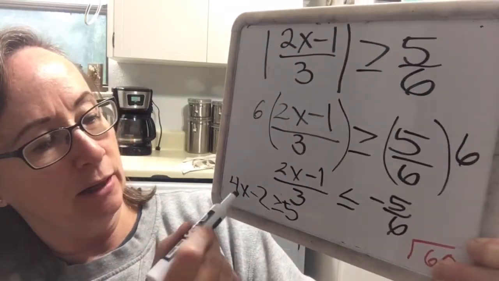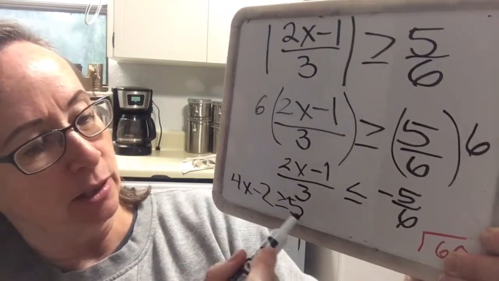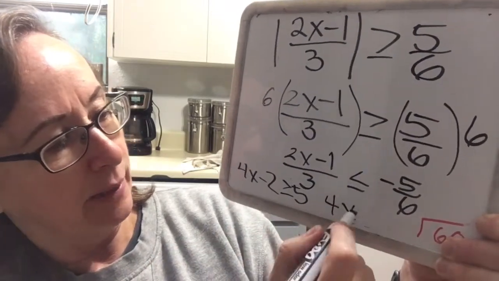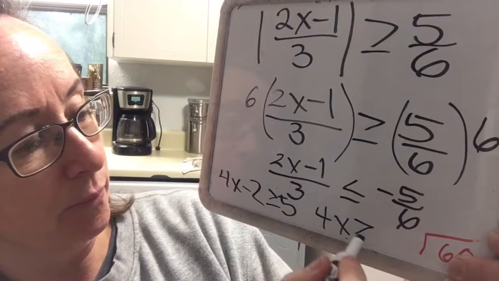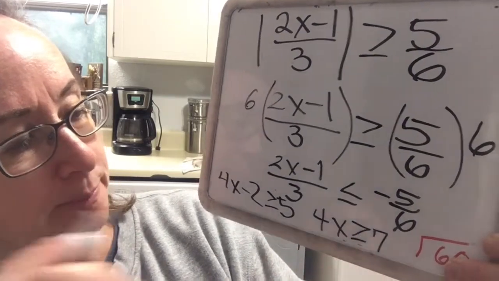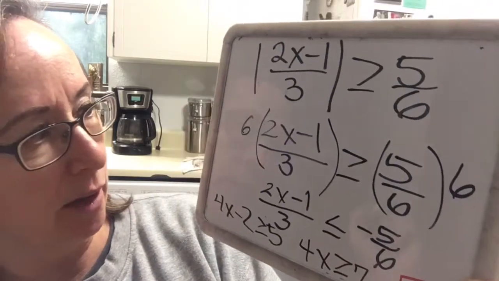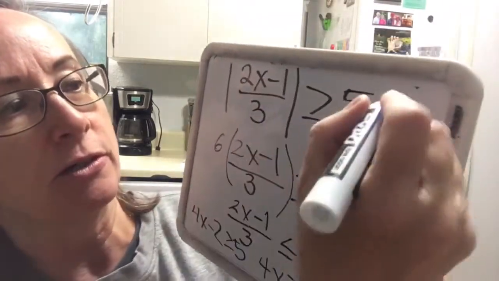Then I add a 2 on both sides and get 4x is greater than or equal to 7, and then x is greater than or equal to 7/4. We're going to write that as one of our answers.